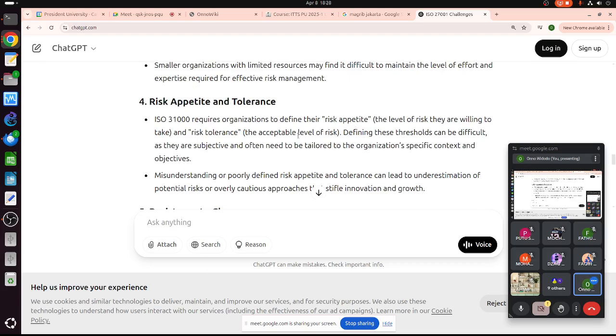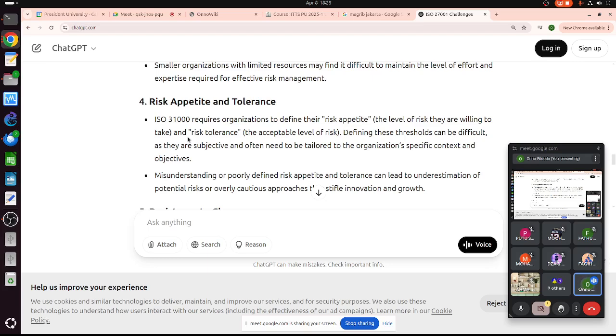And the ISO 31000 requires us to basically define the risk. Okay, and then we need to know what is the risk involved in our activities. For example, it can be the brand.